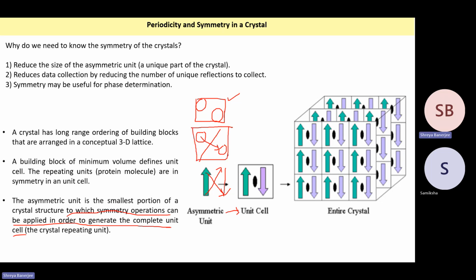And if you repeat this unit cell in 3 dimensions, you will get the crystal. So I will try in the next class to find a real example with real molecules, but right now the concept is this. I think you will probably understand better if I put a real example, right?